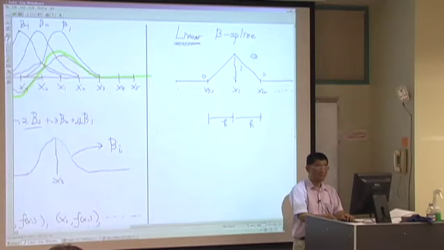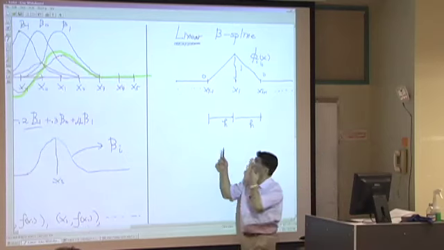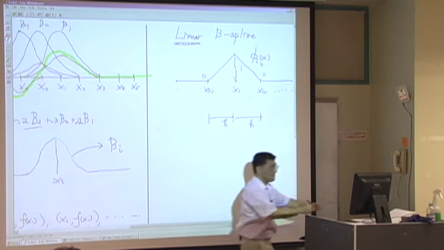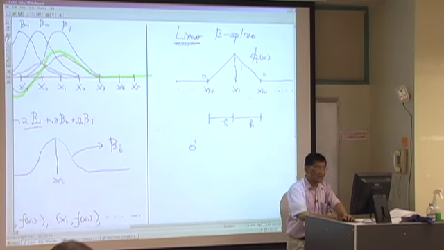Let's call this function phi sub i, the function that I defined. Then phi sub i prime is equal to 0 all the way up to x sub i minus 1.